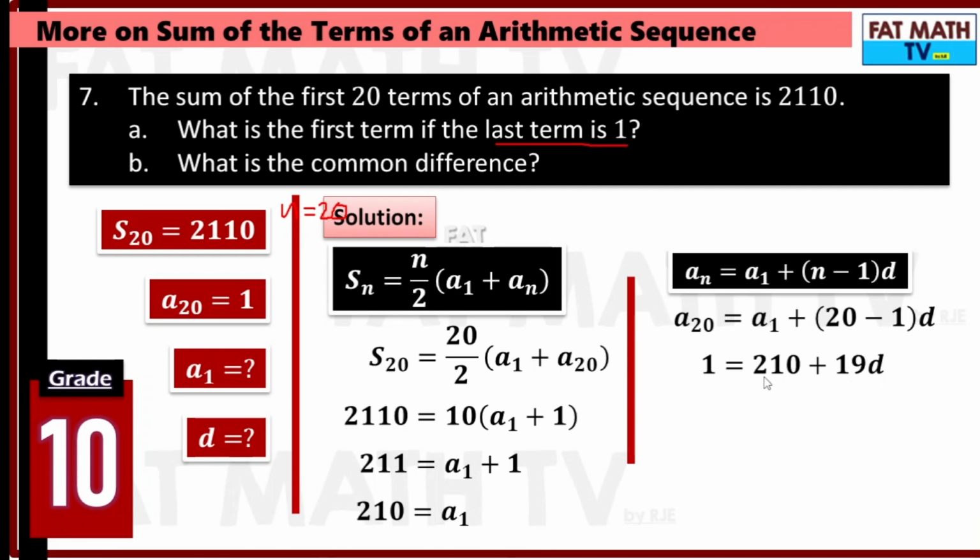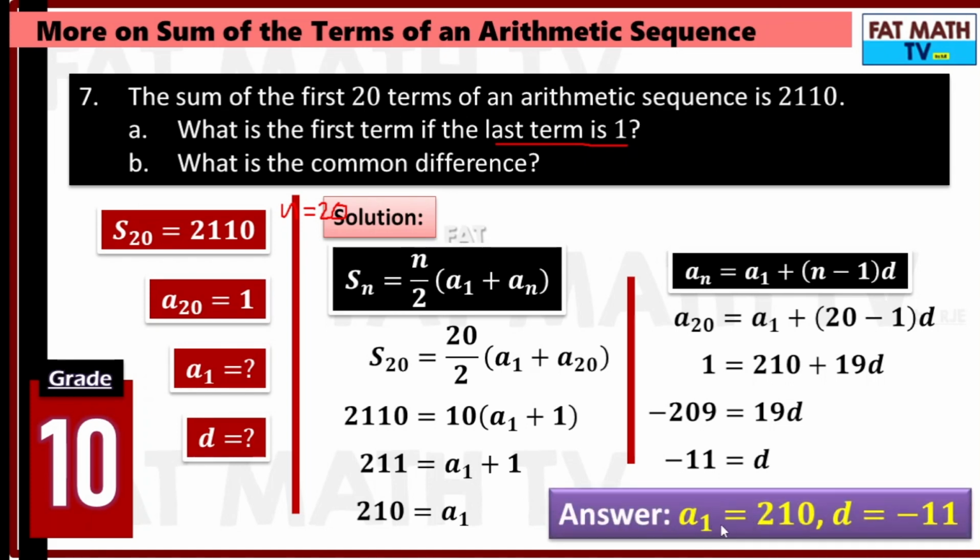Add negative 210 to both sides of the equation. 1 minus 210 is negative 209. Divide both sides by 19, you will get negative 11. So the common difference is negative 11. So a sub 1 is 210, d is negative 11.